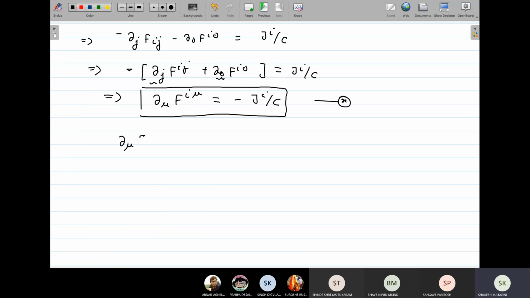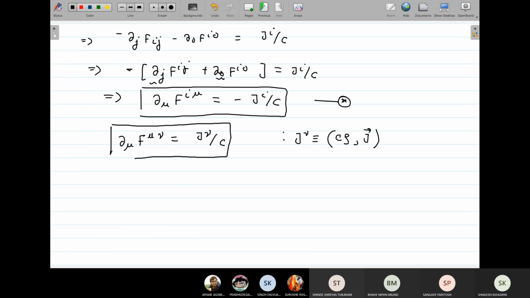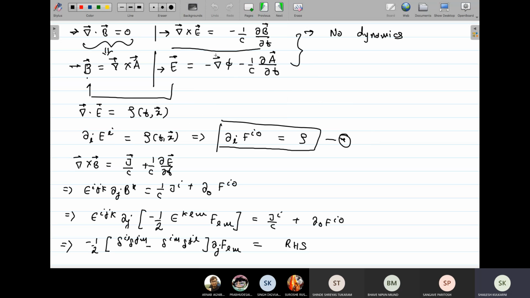So del mu F mu nu will be equal to J nu by C, where J nu is defined to be C times rho and vector J. These tensor equations represent 2 equations, this and this.